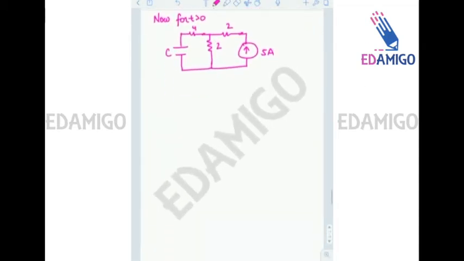Okay. So this is for t greater than 0, the circuit is like this.